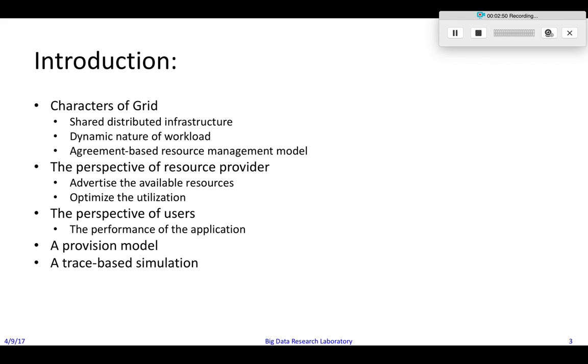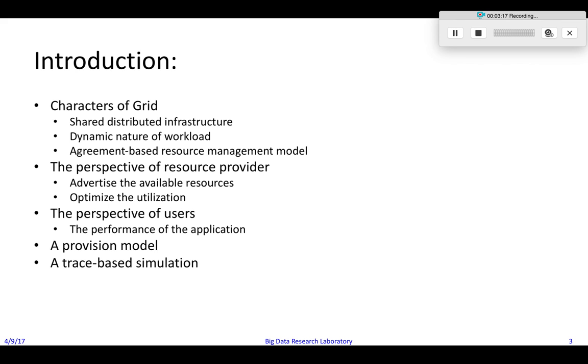As we all know, the grid has a structure that shares distributed infrastructure, which means that different kinds of applications in the grid can share the same server or the same computer resources. This is also associated with the dynamic nature of the workload.